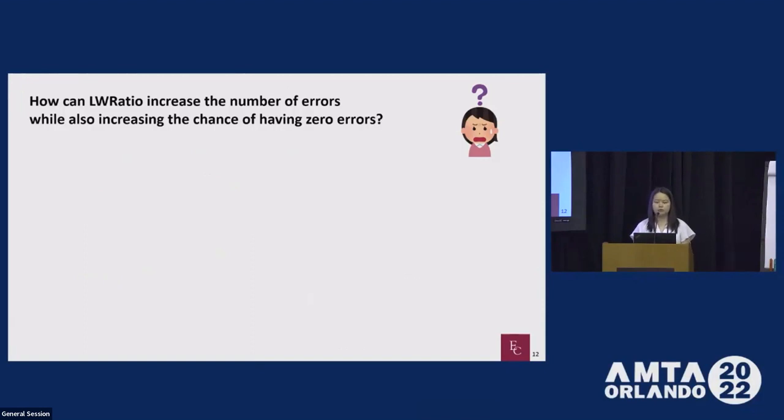How can long word ratio increase the number of errors while at the same time increase the chance of having 0 errors? Remember that excessive zeros are the ones that do not belong to the distribution of errors. Put differently, excessive zeros here in this study indicate the segments that would never have errors.